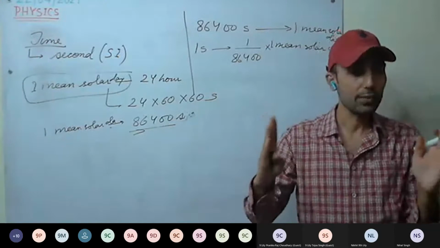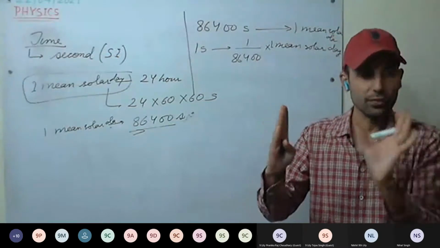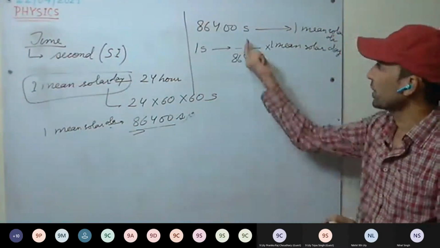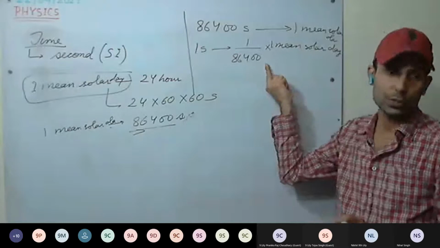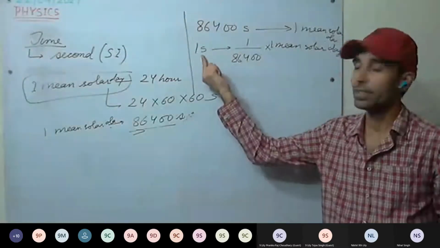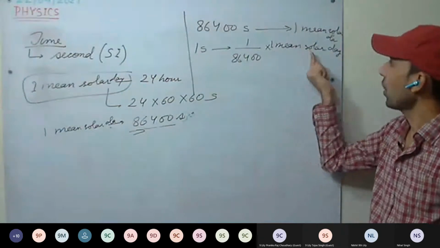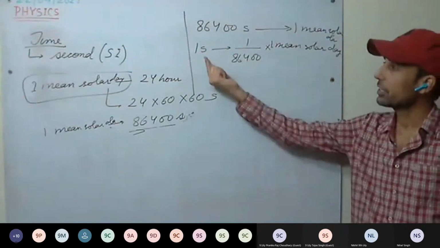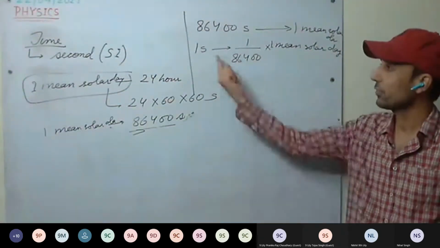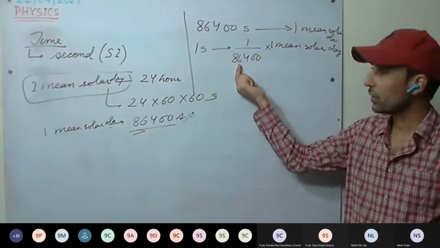We take one mean solar day and divide it into 86400 parts, and each part will be 1 second. So 1/86400 part of the mean solar day was defined as 1 second. Understood this one?